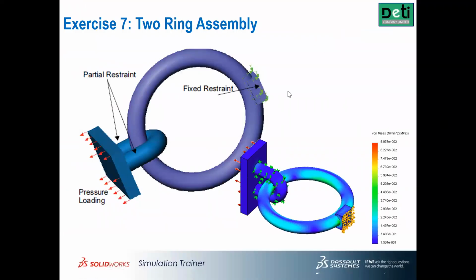2 ring assembly. So in this problem, I want you to give a fixed restraint on that part, on the bigger ring, which has a square surface here, and then have a partial restraint on that, and have a pressure load on another surface.